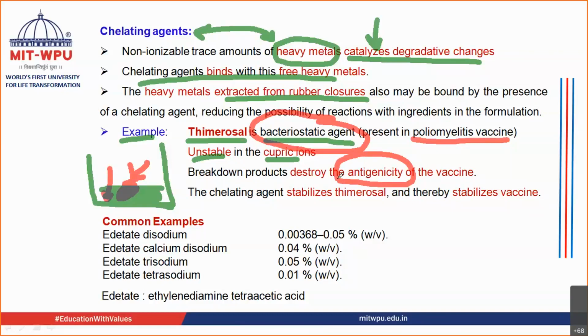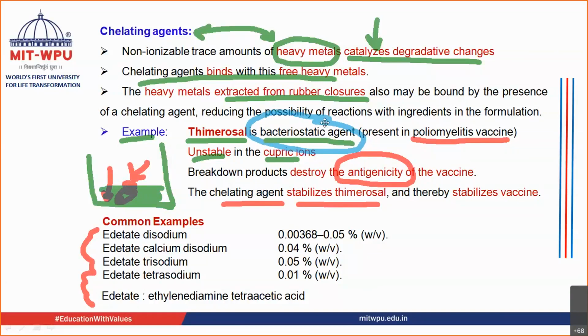Are you understanding it? So what does this chelating agent do? These chelating agents, like EDTA, basically stabilize the thimerosal, whereby this thimerosal is now going to show its action, that is the bacteriostatic action.